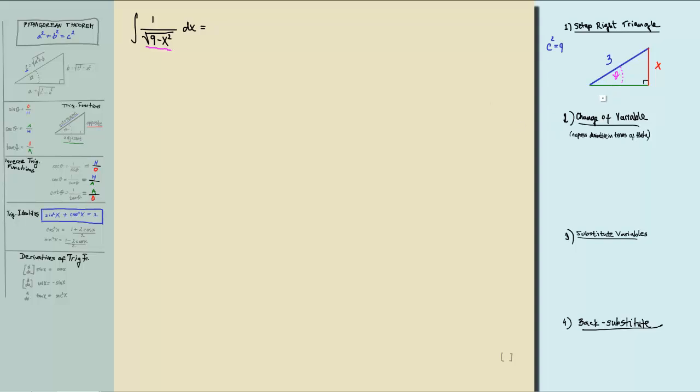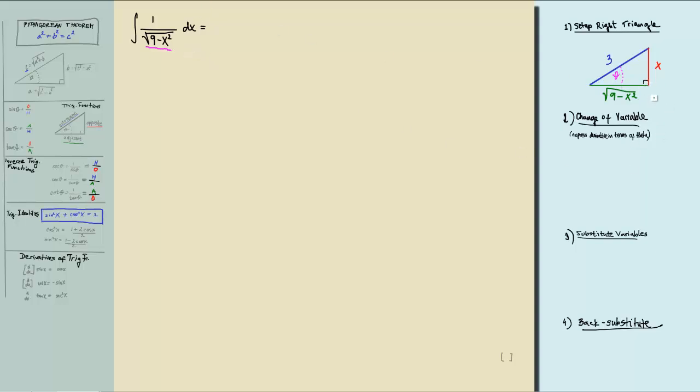By the Pythagorean theorem, the green side, or the adjacent side of this triangle, should be hypotenuse squared, which is 9, minus opposite side squared, which is x squared. So let's look. Yes, that's what we have, 9 minus x squared. So that is the first step, to set up the triangle to look something like our problem.